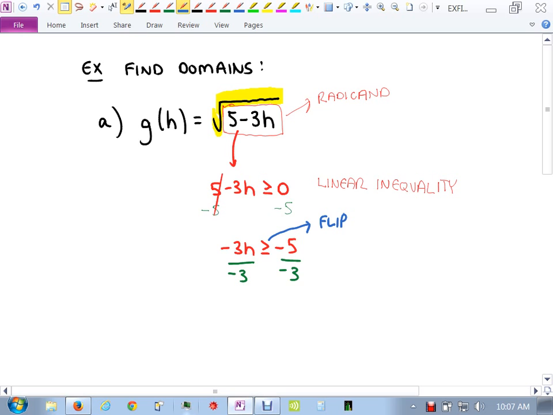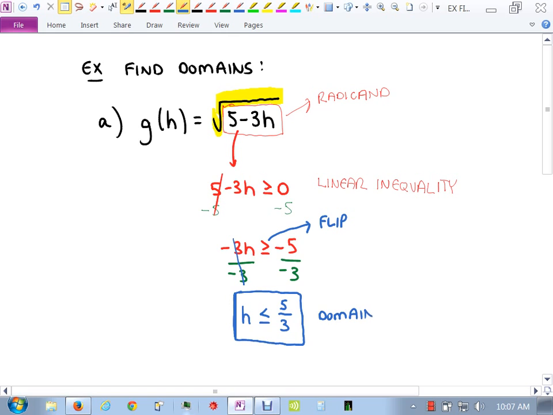Only when you divide by negative. If we had divided by positive 3, it would not flip. Okay? So let's see what we get here. Negative 3 over negative 3 is positive 1, so we get just h here. Now we flip the inequality. H must be less than or equal to negative 5 over negative 3, which is positive 5 over 3. This is our domain.